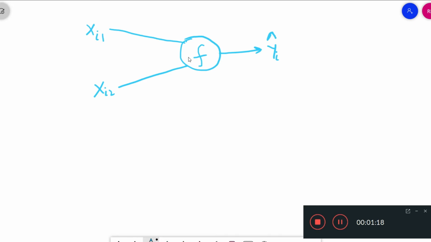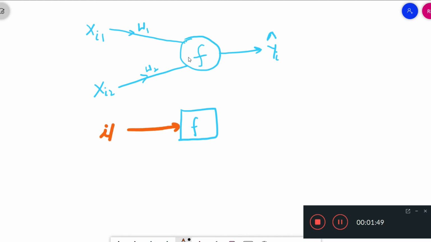So what happens in case of linear regression, if you see it closely, let's say W1 is the weight of the edge connecting the input xi1 to the activation function, and W2 is the weight on the edge connecting xi2 to the activation function f. So if this is the function f, what is the input that we are getting over here?